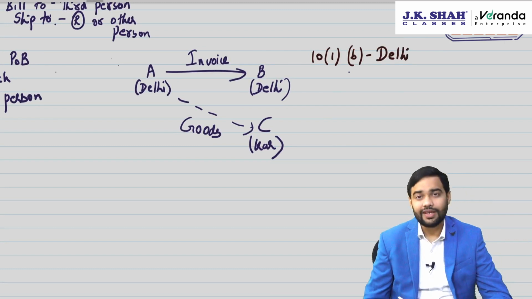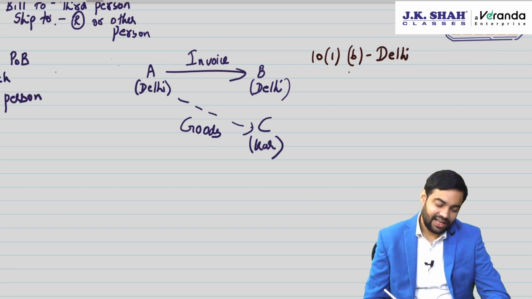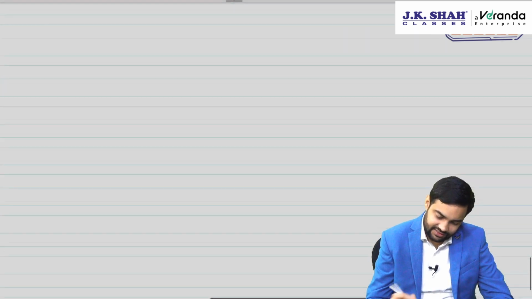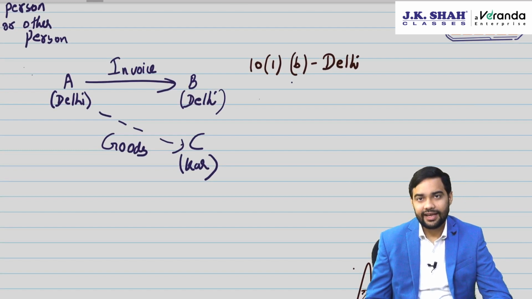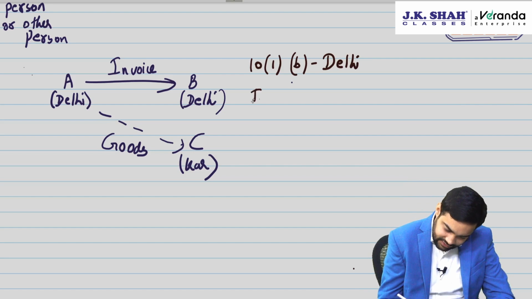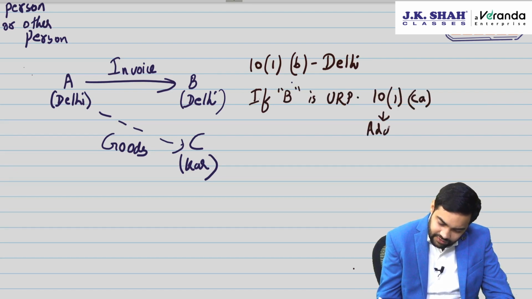Now, there is a clarification by CBIC, very important for exam. CBIC has said that if it's an online transaction and you know that the goods are going to get delivered to Karnataka, then the place of supply for that transaction, if B is unregistered, then 10.1ca can also apply, and if the address is available, then such address should be used. Now which address to use?